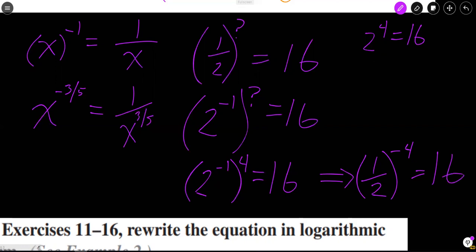That's kind of a clunky explanation. What I'm saying basically is that 1/2 and 2 to the negative first power are the same thing. And we know that 2 to the fourth is 16. So 1/2 to the negative fourth is the same as 2 to the fourth, which is also going to be 16.